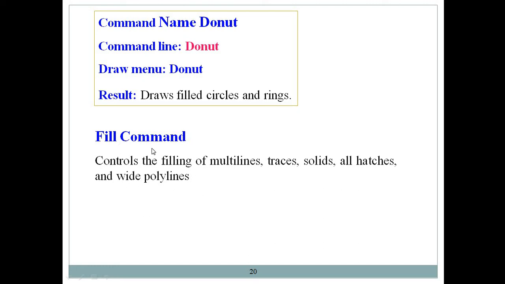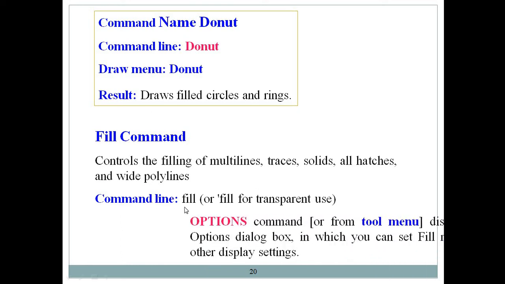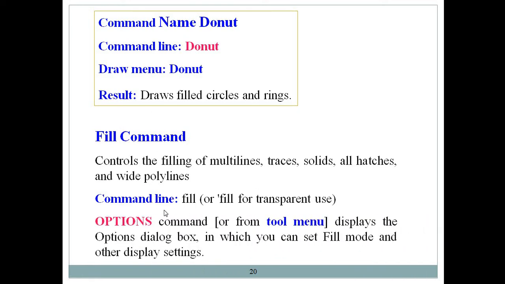These are the functions of the fill command. Also, in the command line we use fill on or fill off for transparent use. This is the concept of the fill command, and these fill command options are available in the menu.